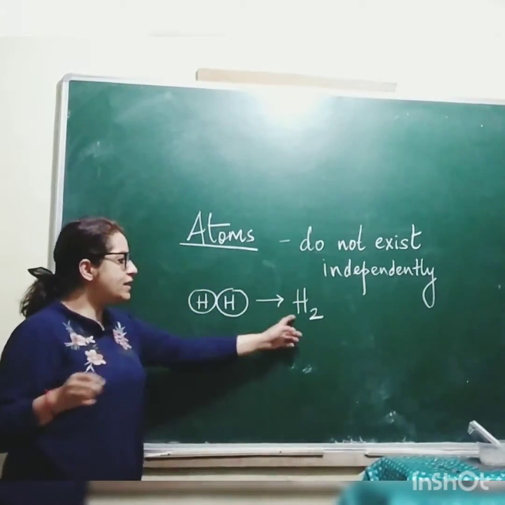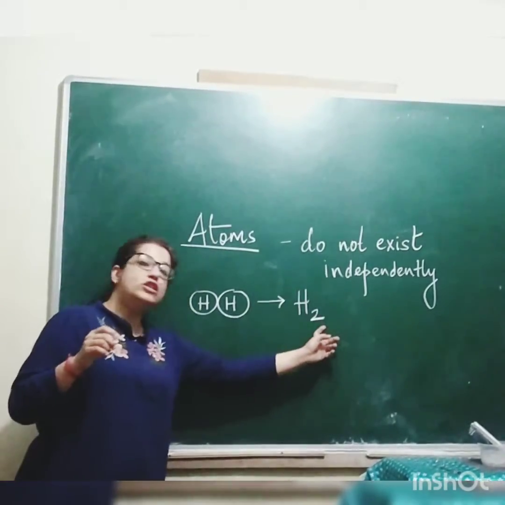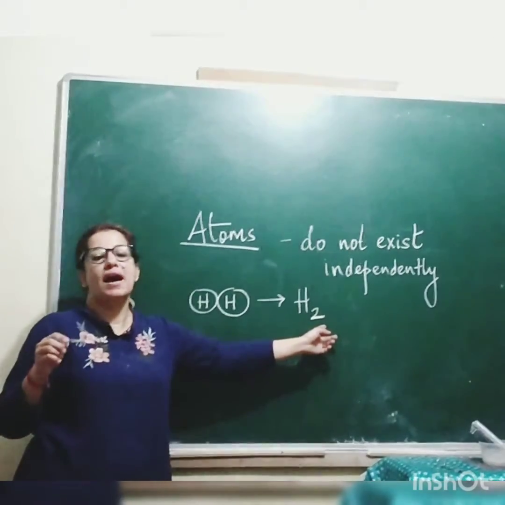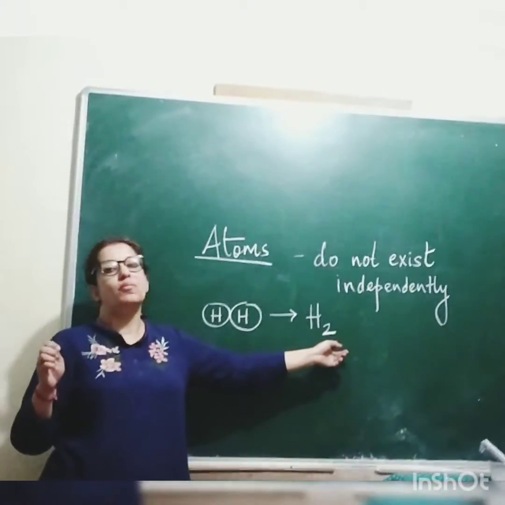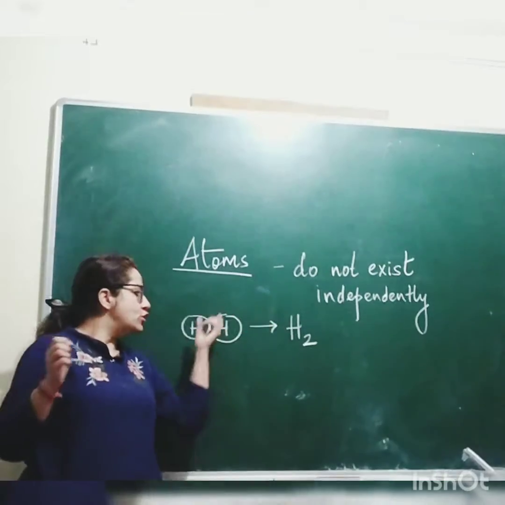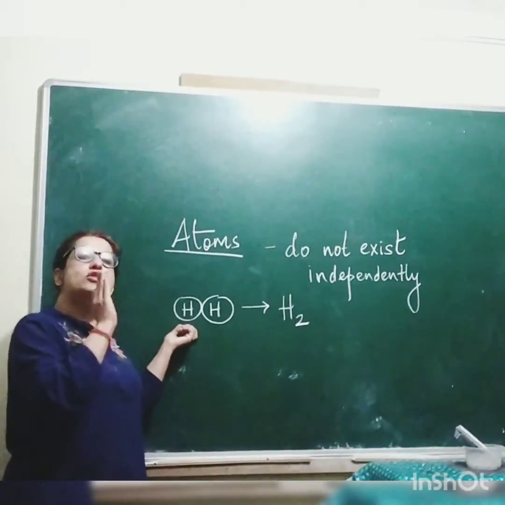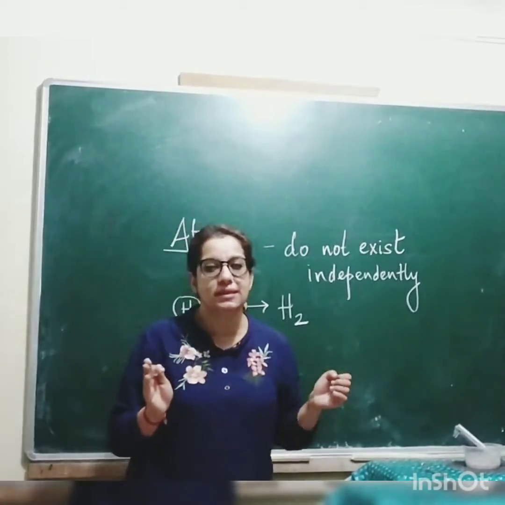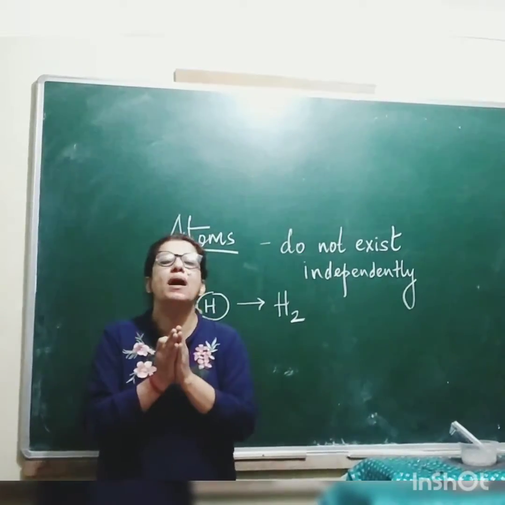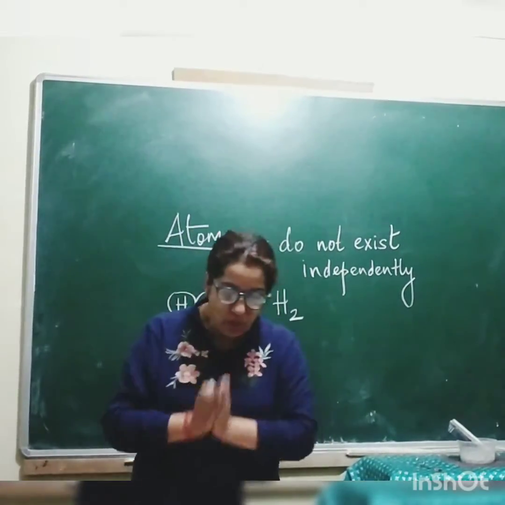That is why we write H2, because there are two atoms of hydrogen present in a molecule of hydrogen. So one atom does not exist independently. It always combines to form a molecule.